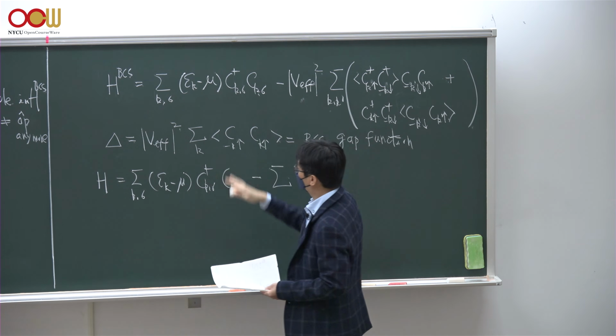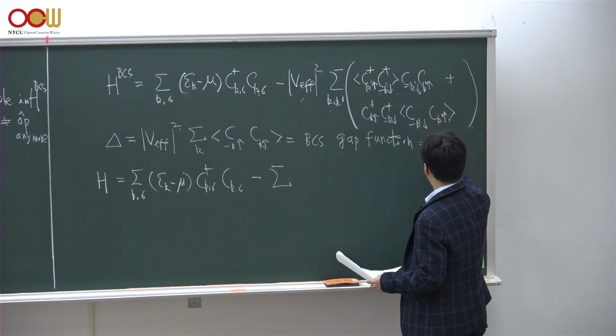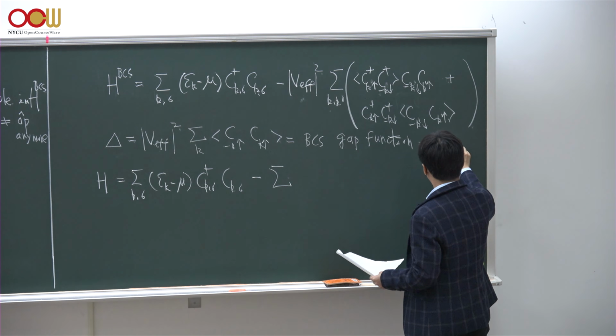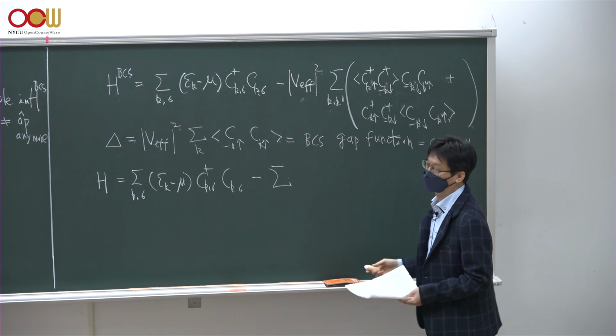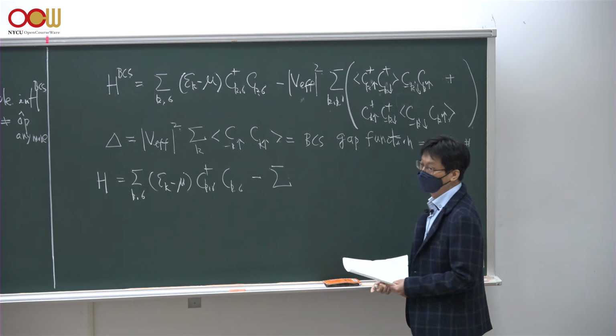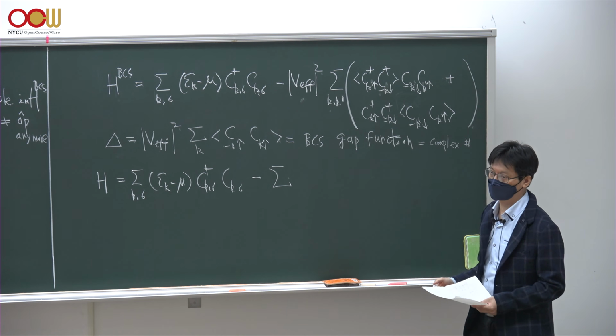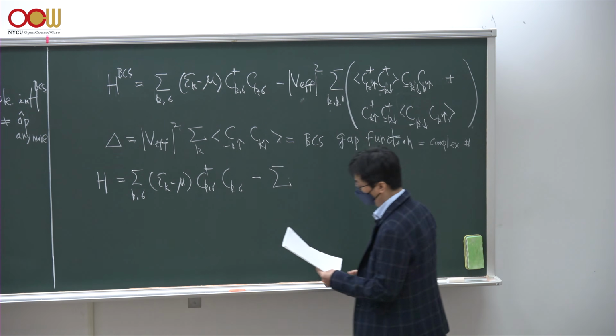And this gap function could in general be a complex number, because we don't know at this point whether this expression gives you a real or an imaginary or complex number. It can be anything.